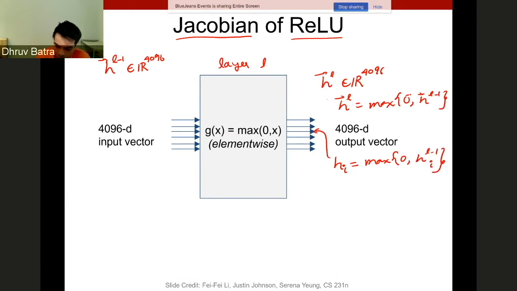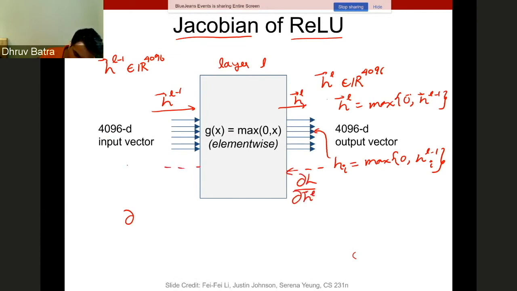Now the question that we'll be asking is the Jacobian of this layer. Let's say this is the input h^(L-1), this is the output h^L. During backprop, we will be provided the partial of the loss with respect to h^L, and we will be asked to compute the partial of the loss with respect to h^(L-1). The key computation that we will need to address along the way is the Jacobian of this layer.